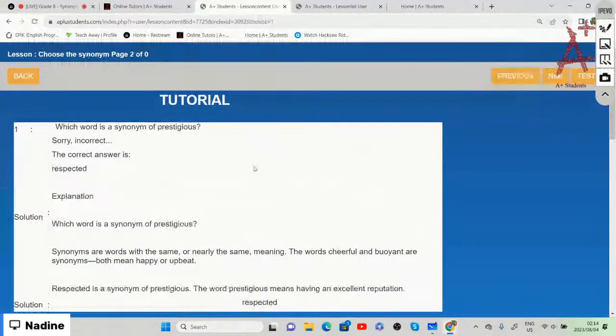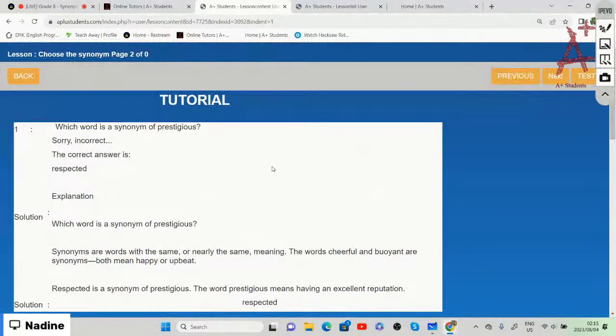All right, which word is a synonym of prestigious? They usually mention banks being prestigious. So prestigious bank, prestigious job, something that is prestigious. Another word for prestigious is respected.